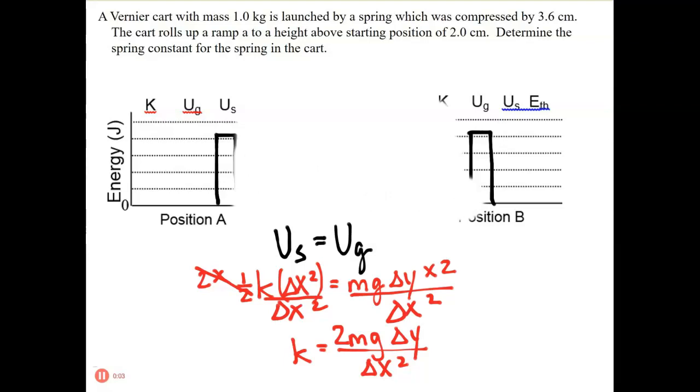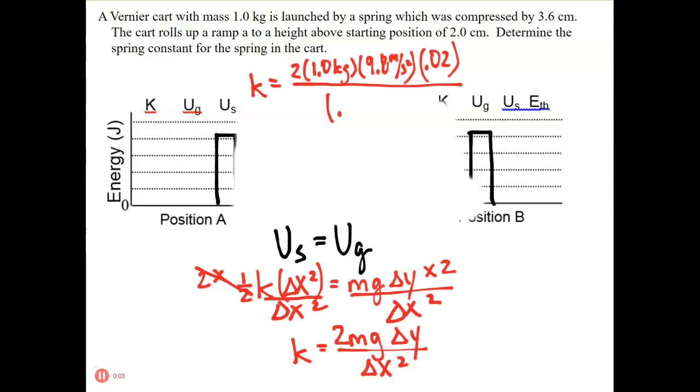Alright, so I'm going to solve for K. K equals 2 times the mass of the cart, which is 1 kilogram, times 9.8 meters per second squared, times the height in meters, so we'll stick with joules here, 0.02 meters, all over 0.036 squared.